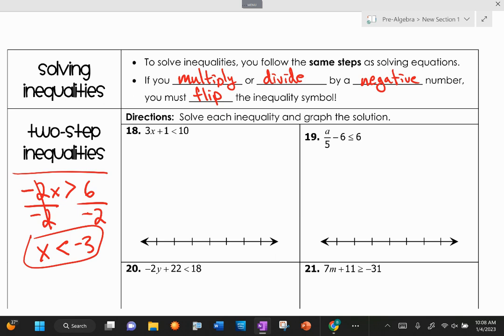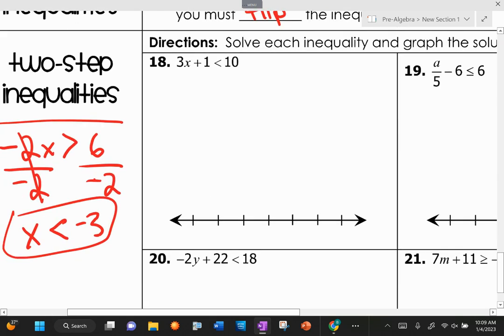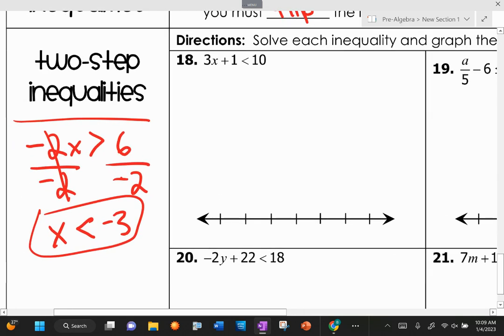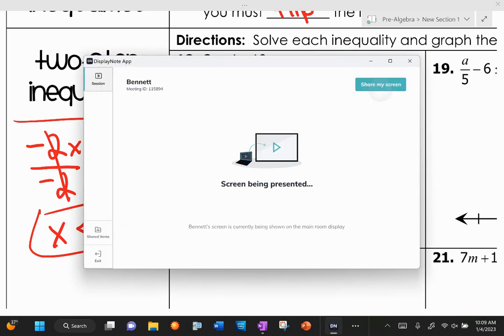Now, when do you flip the inequality symbol? If you multiply or divide by a negative number. Okay? So, let's look at number 18. Y'all can look at number 18, and I'll just fix this real quick.